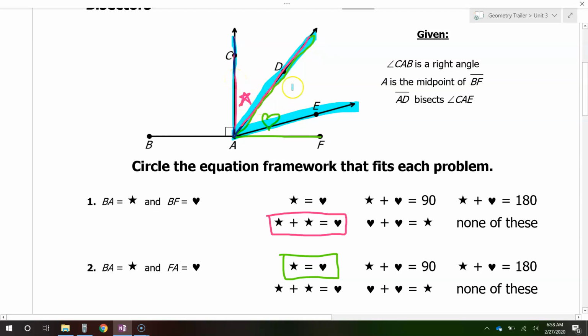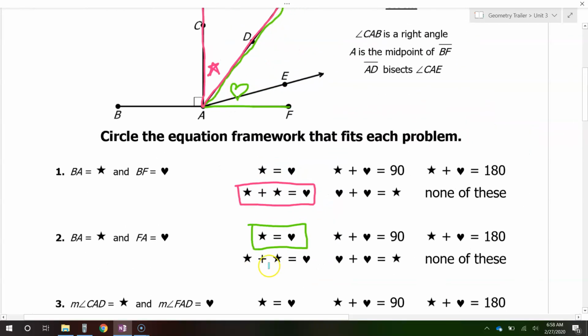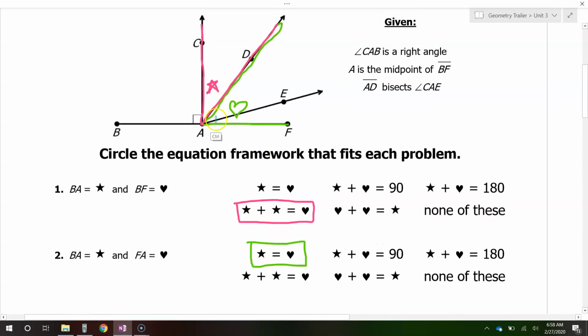The star is equal to this angle right here. The star is not equal to the larger green angle that we put a heart on. So they're not equal. Get that out of your head. However, we have a 90-degree angle over here. See this right here? This is a 90-degree angle. It is back to back with the other 90-degree angle. So we know that this side is also 90 degrees. So the star plus the heart is going to equal 90 degrees.